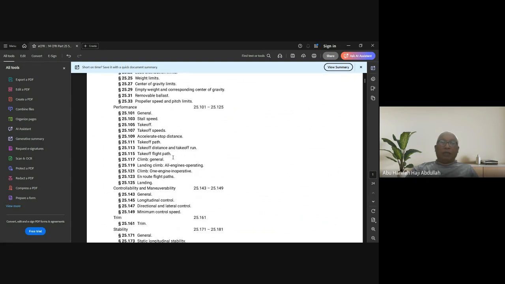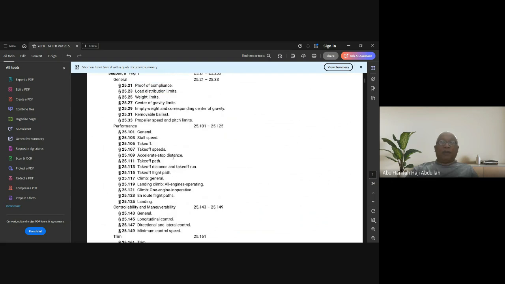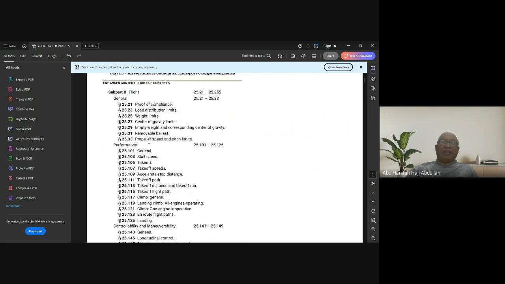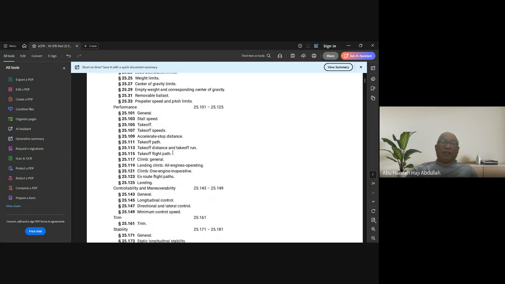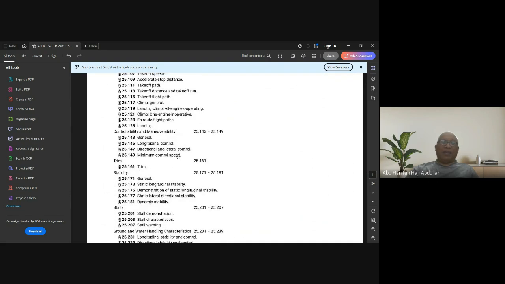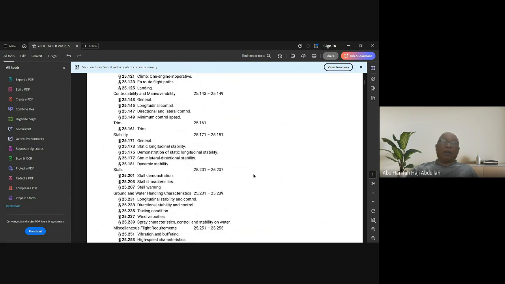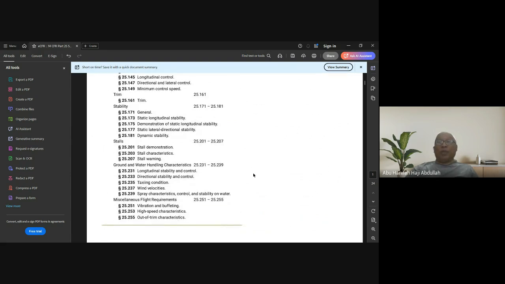We need enough budget because a lot of tests have to be done. We should also think about the risks if any one of these fails: performance, control, trim, stability. Even with nobody on board, the aircraft may crash into someone's house. So whether manned or unmanned, you still need to look at this. Only the complexity could be a bit different.